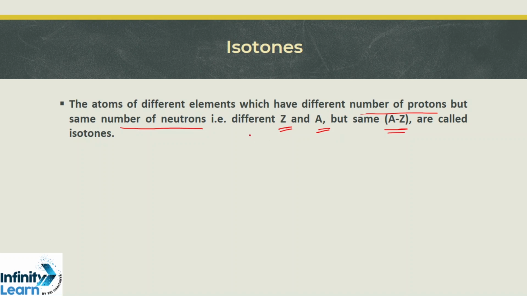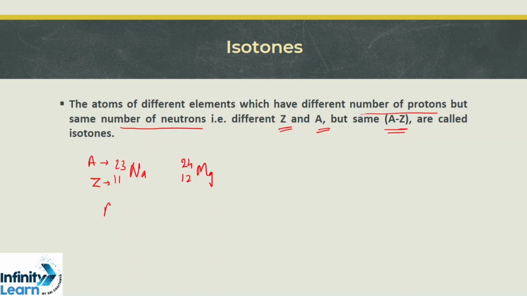Let us try and understand this with an example. So we have sodium, which is Na-23 with atomic number 11, and then we have an isotope of magnesium, which is Mg-24 with atomic number 12. Now in both cases, neither is Z matching, the atomic number is different, and the atomic mass number is also different.